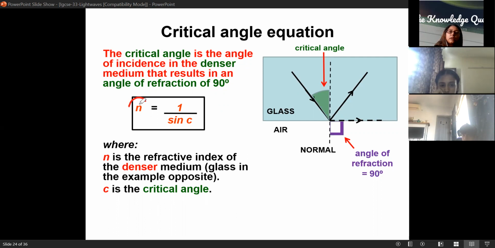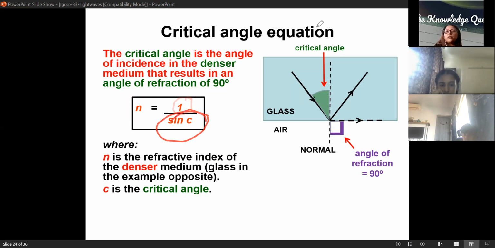So there is a relationship between refractive index and critical angle. Get it? What is that? N is the refractive index of denser medium and C is the critical angle. And the relationship is refractive index is 1 upon sin C.